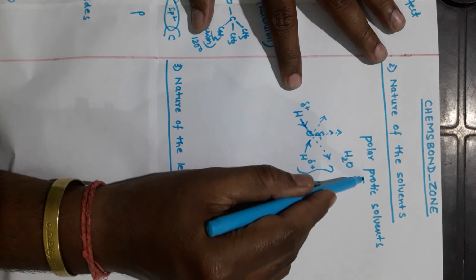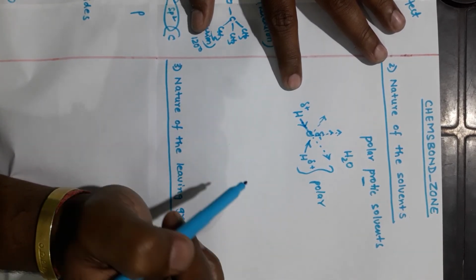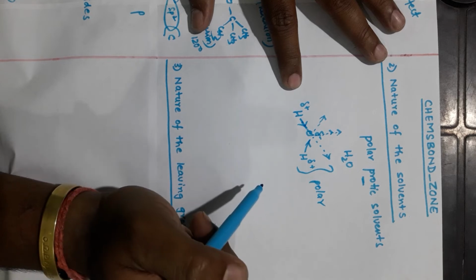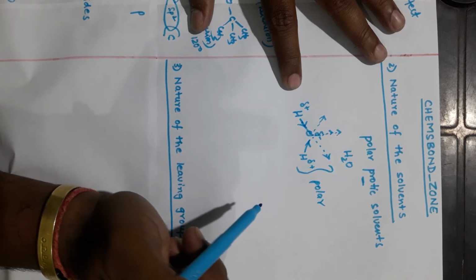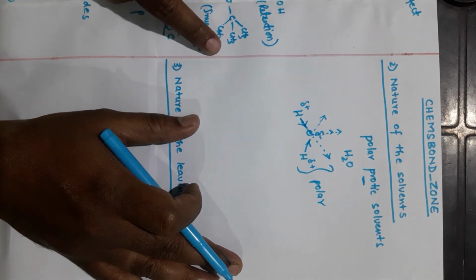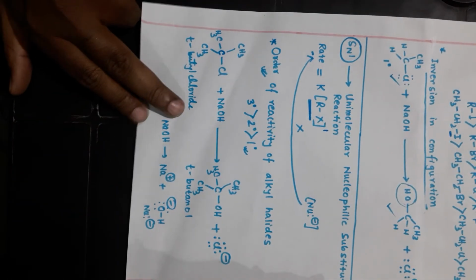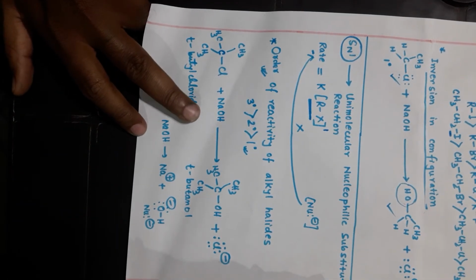And what is protic? The solvent has the ability to donate a proton or to form hydrogen bonds. I have told that polar protic solvents favor SN1 reactions. Why? If I carry out this reaction in presence of water, how is it going to help?